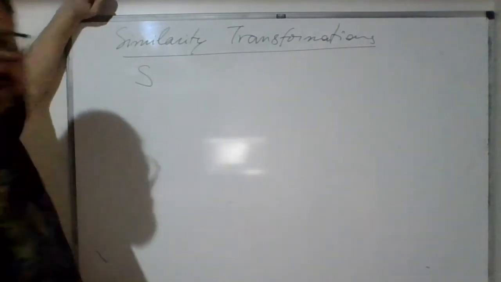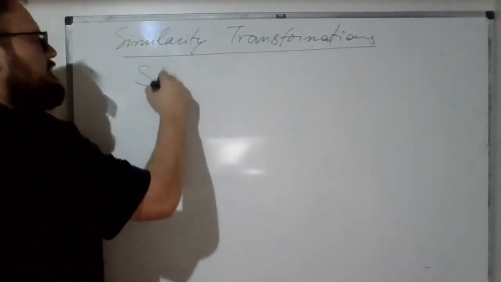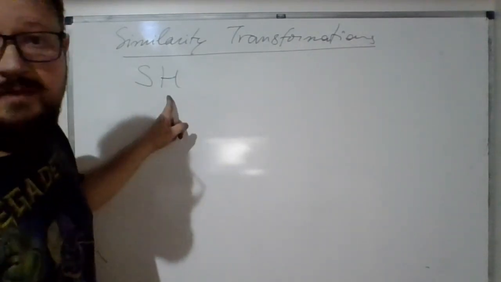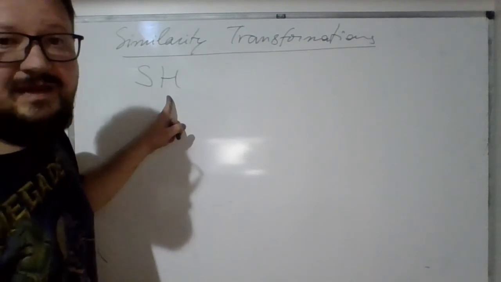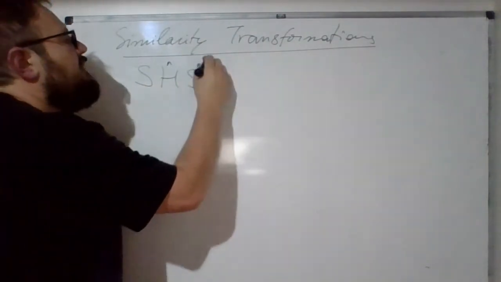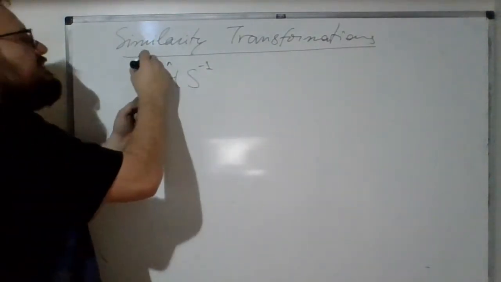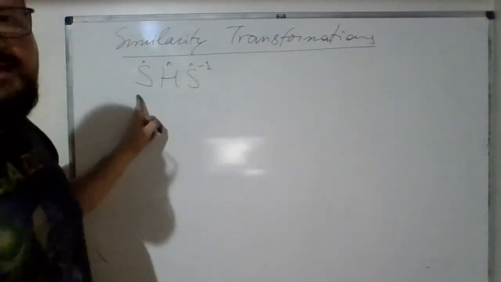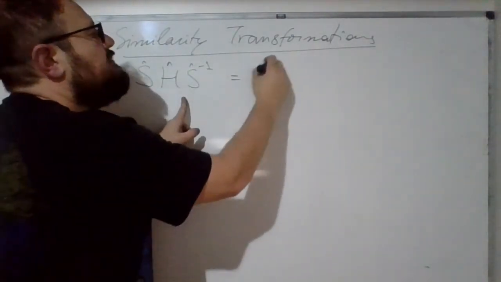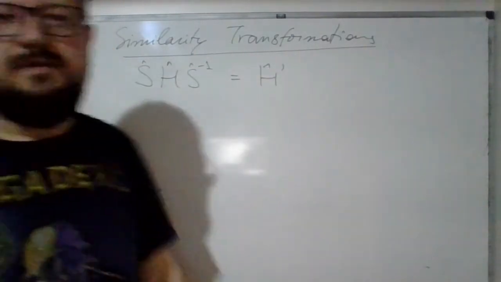And suppose that you are considering the Hamiltonian. You can consider any other operator, but in quantum mechanics, the Hamiltonian plays a special role. So you can consider the following transformation. You pick a matrix, multiply the Hamiltonian by the matrix and by the inverse of that matrix, and you'll find a transformed Hamiltonian.